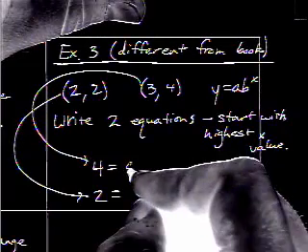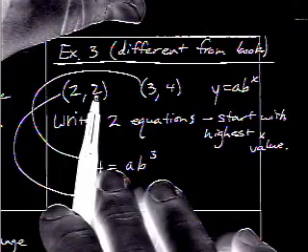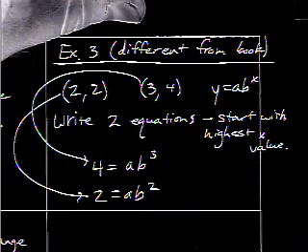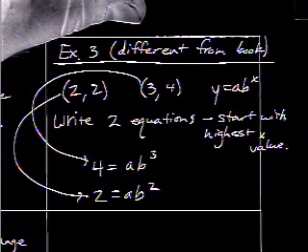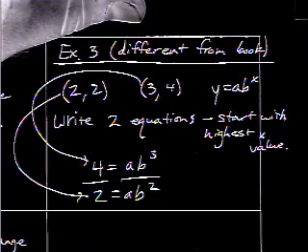So let's see. 4 equals ab to the third. And if we use the other coordinate, 2 for the y value and also 2 for the x value, we have these two equations. Now, in different problems in the past, we've done things like adding equations together. But in this case, since they're based on multiplication, we're going to divide these, almost setting up what looks like a proportion. But we're really dividing these two equations.